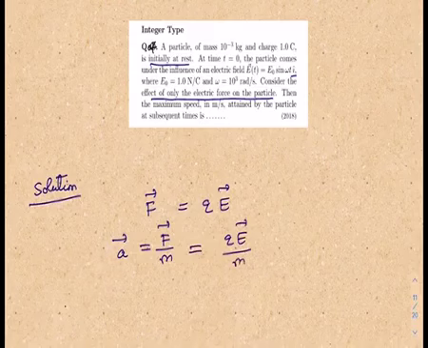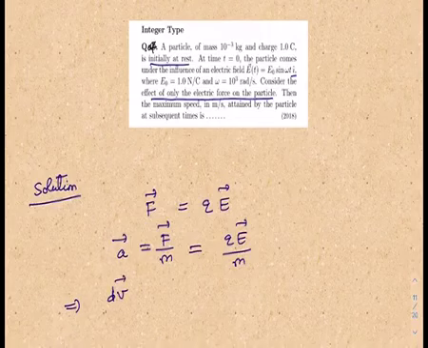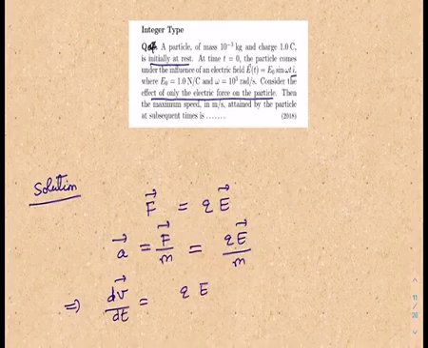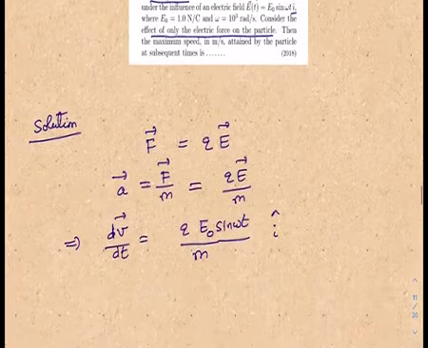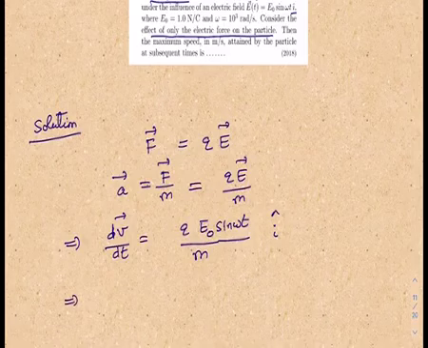It is a simple problem because the acceleration is given by dv by dt, and the electric field is given as E0 sine omega t, along the I cap direction, the x direction. So you have to integrate it to find the velocity.